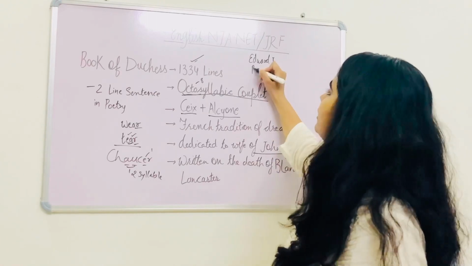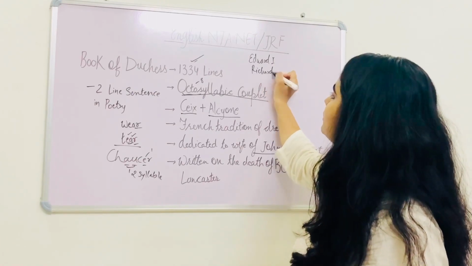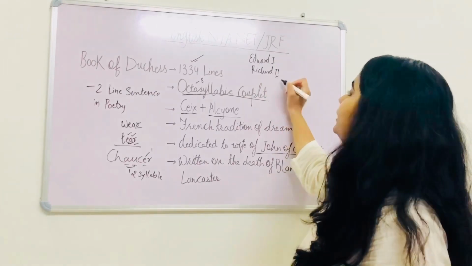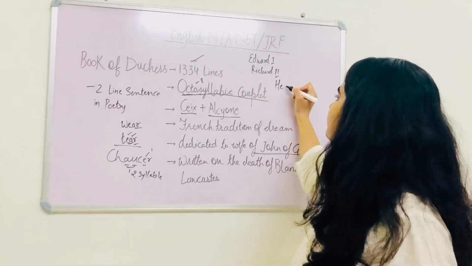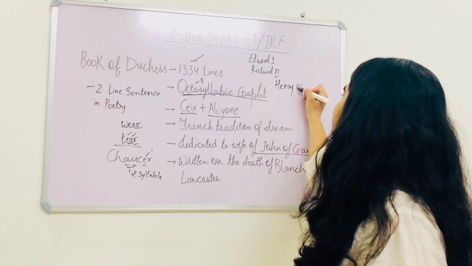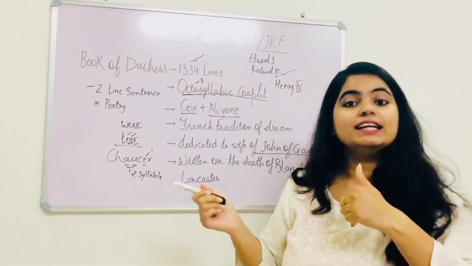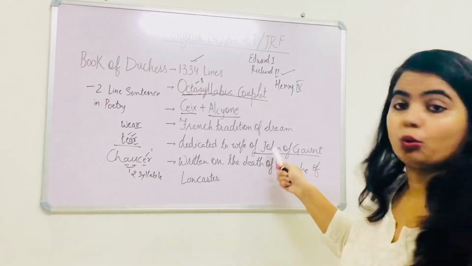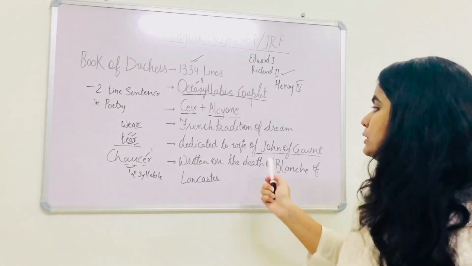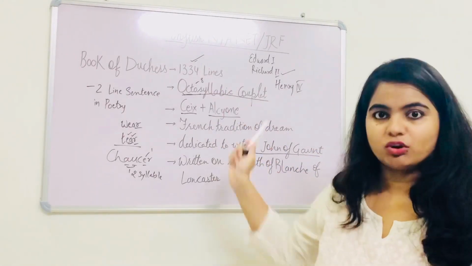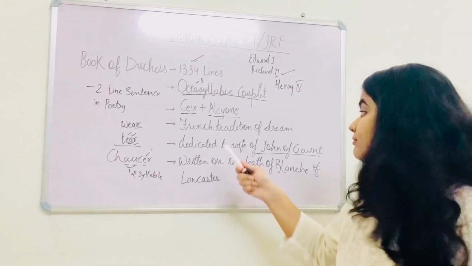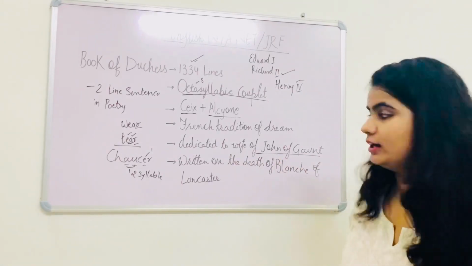Edward III, Richard II, and who was the third one? Henry IV, right? So we have Richard II here, and he had an uncle called John of Gaunt. So this work, Book of the Duchess, was dedicated to the wife of John of Gaunt.